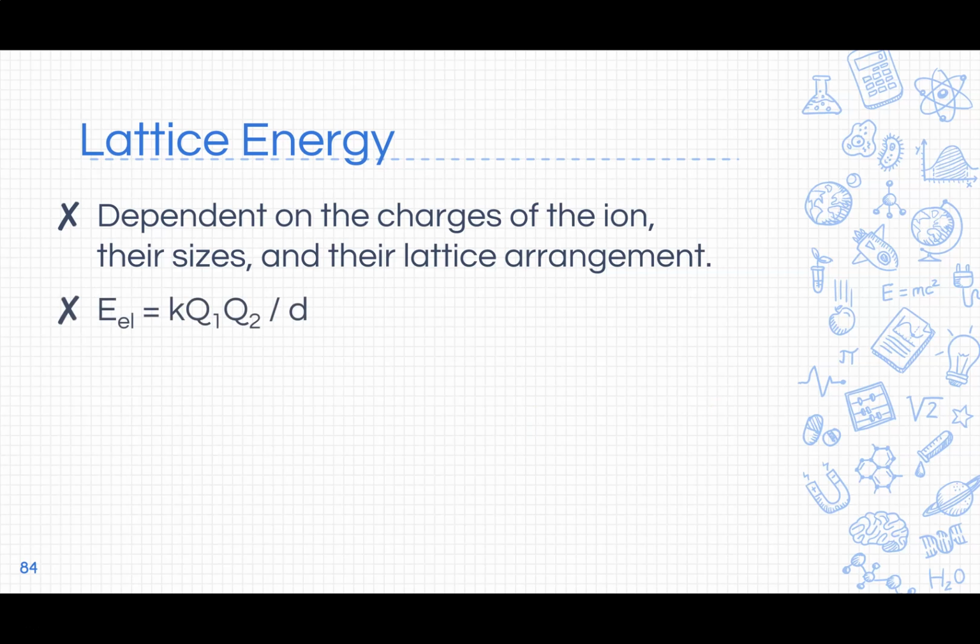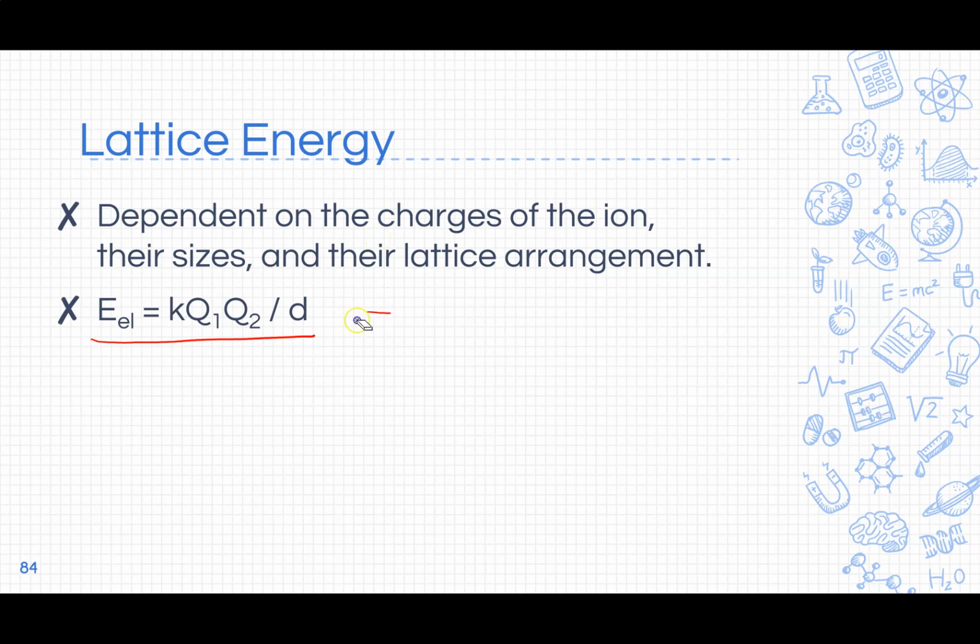Okay. Essentially, we look at the electrostatic force, which can be defined by this equation right here. The electrostatic force is something that we looked at earlier as well, and Q1 and Q2 are the charges of the ions, so that would be a +1 or a -1 ion, or maybe a +2, -2, or a +2, -1.